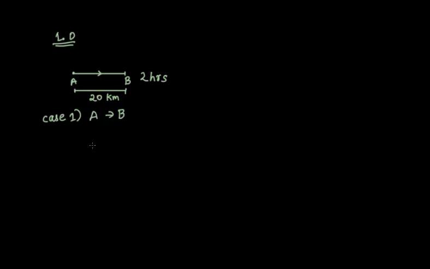Let's first calculate the distance. If the object travels from A to B and they're separated by 20 kilometers, it has to travel 20 kilometers. So the distance is 20 kilometers. Now, what is the displacement?